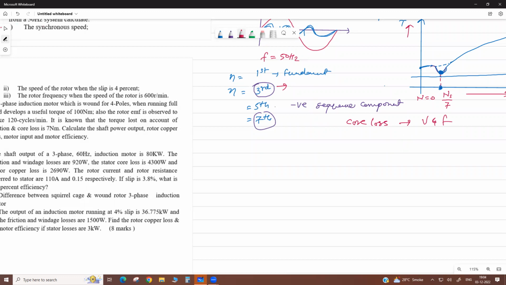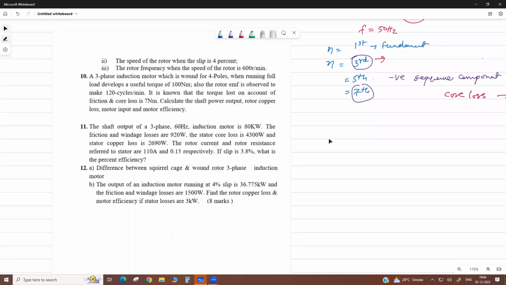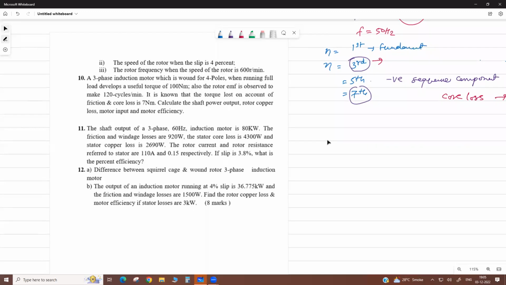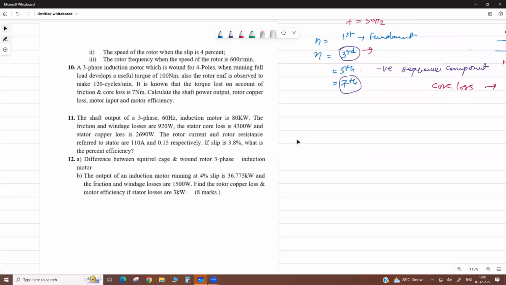These are the causes of overheating of the motor. Yes, sir. Thank you, sir. So if there are harmonics in the supply, this is another reason for overheating, because losses increase. Now come to these questions, numericals.